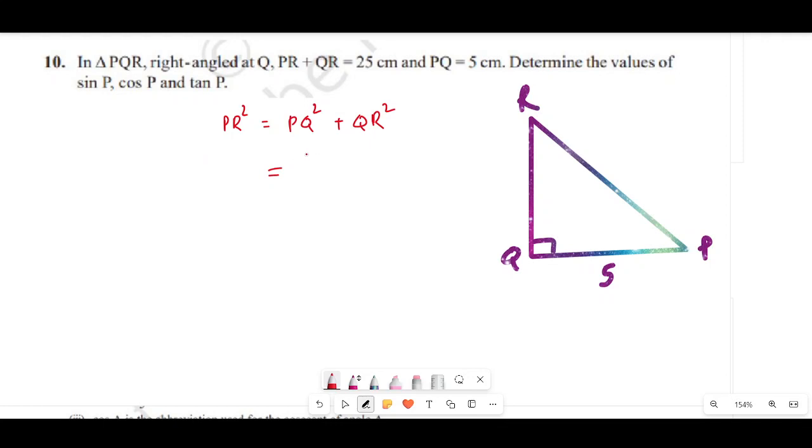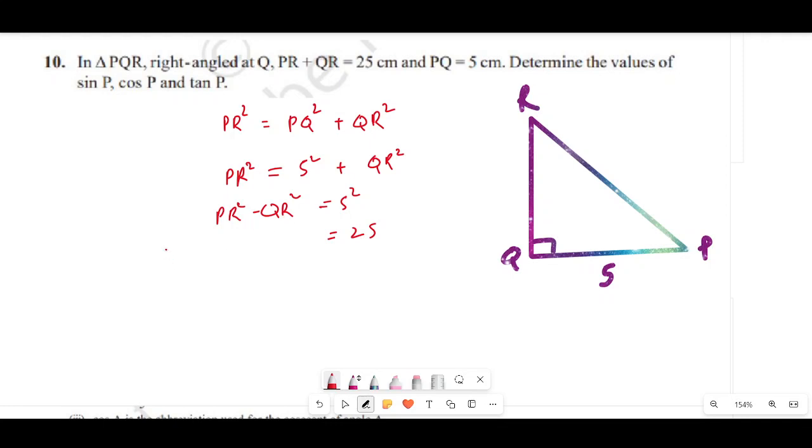Now PQ square is 5 square plus QR square, and this is PR square. Now PR square minus QR square is 5 square, that is 25.